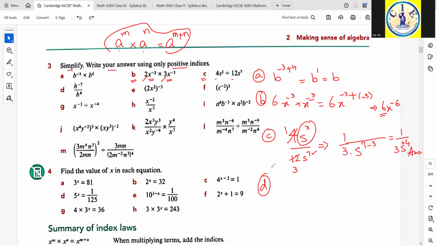Now part D, h raised to power negative 7 divided by h raised to the power 4. This being the smaller power would be shifted in the denominator. So I'll be having 1 divided by h raised to power 4 times h raised to the power positive 7.